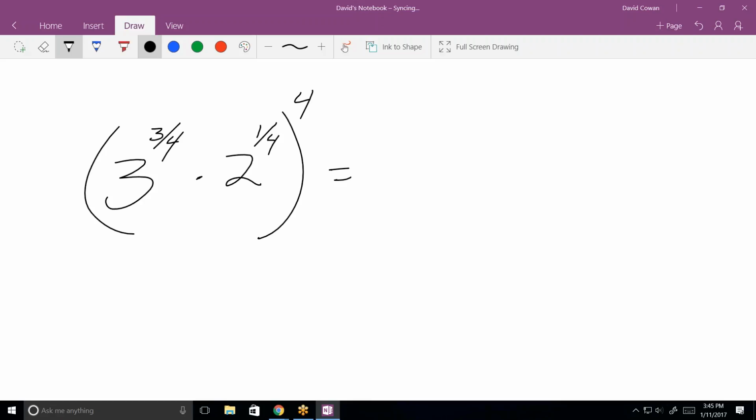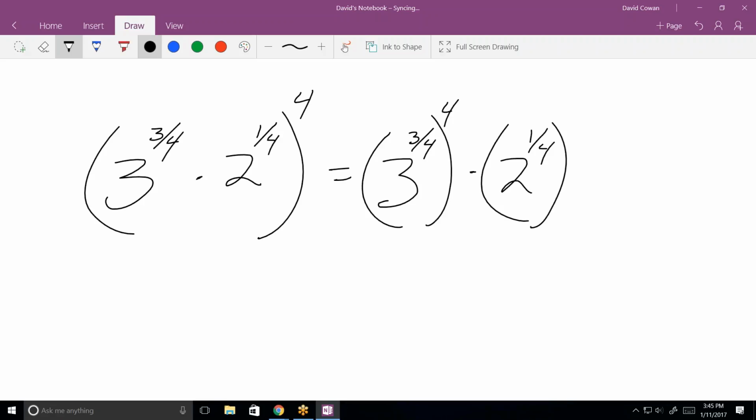In other words, that's the same as this. You can always separate that out: 3 to the 3/4 to the 4th, times 2 to the 1/4 to the 4th. And notice what that does. It gives you a big advantage.